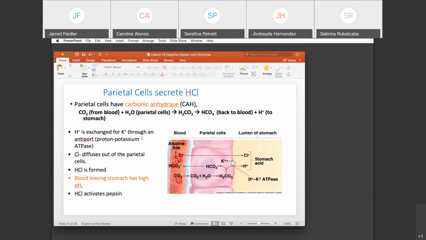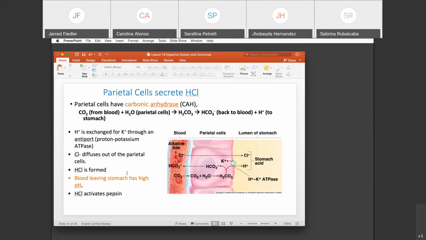I would memorize all the different details I went through yesterday, particularly how we get from the bloodstream, how we get starting reagents such as carbon dioxide and water, and how we end up with the bicarbonate ion, as well as protons, which will then bind to chloride to form hydrochloric acid. That whole process you need to know.